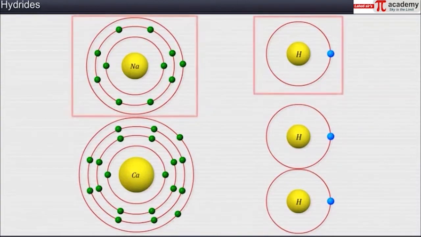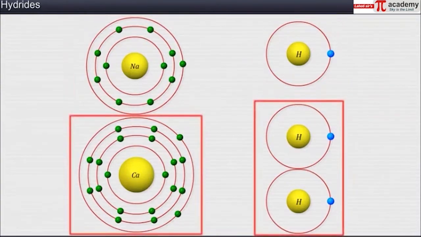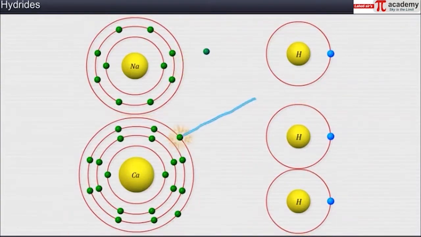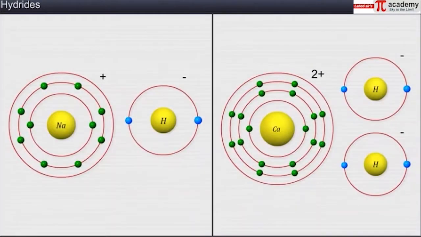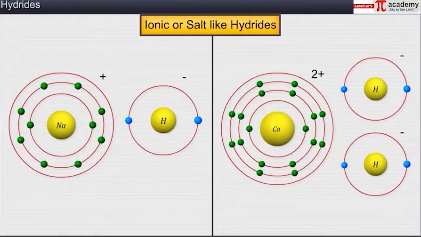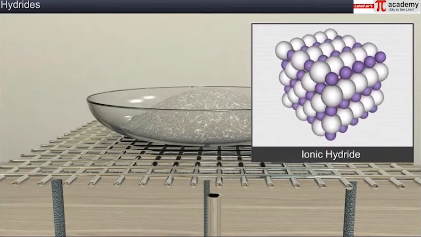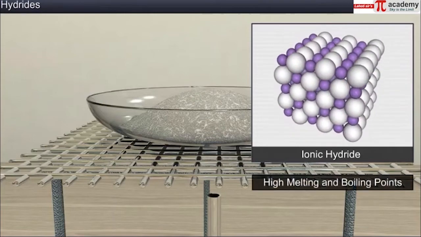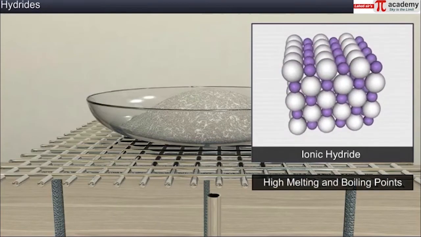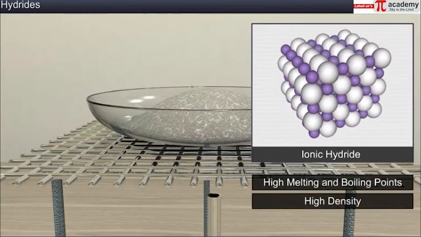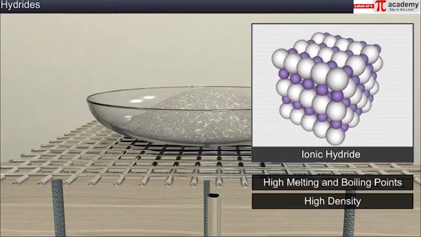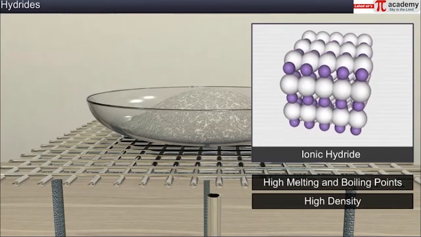Ionic hydrides like sodium hydride and calcium hydride are formed by the transfer of electrons from the metal atom to hydrogen atom. This is also why they are called salt-like hydrides. Ionic hydrides are crystalline in solid state. They have high melting and boiling points. Their density is higher than that of the metals from which they are formed.